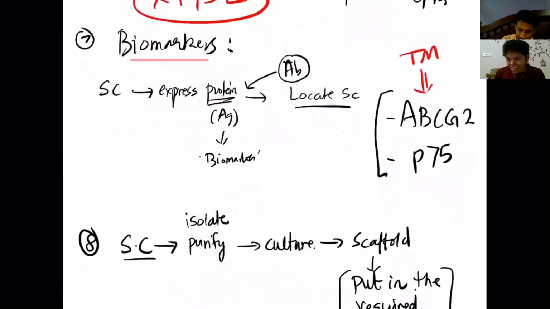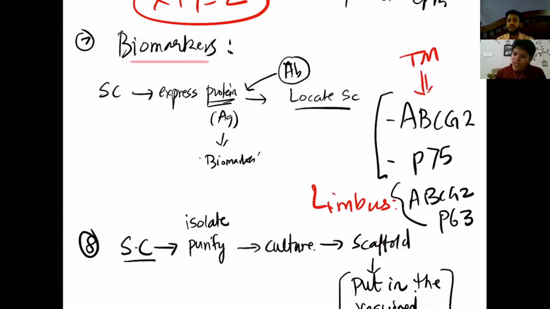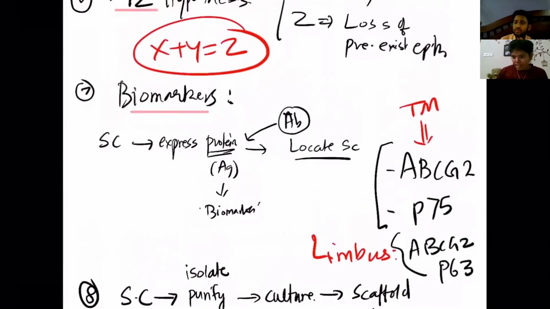Very importantly, ABCG2 expression should be higher in both cases, with P75 for TM and P63 for Limbus.